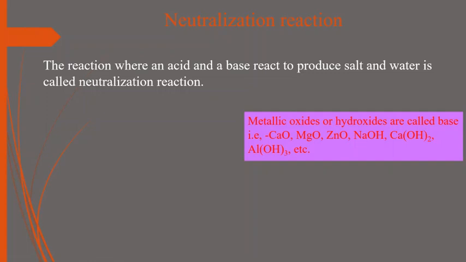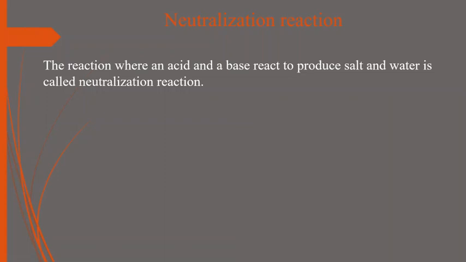Dear students, in neutralization reactions, you just have to understand one thing: the water is produced by the hydroxyl of the base, OH of base, and hydrogen of acid, or oxygen of base and hydrogen of acid, and the other part, the cationic part of the base and the anionic part of the acid, produce salt.